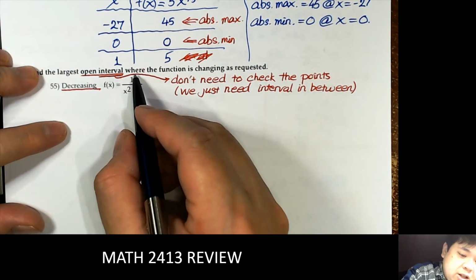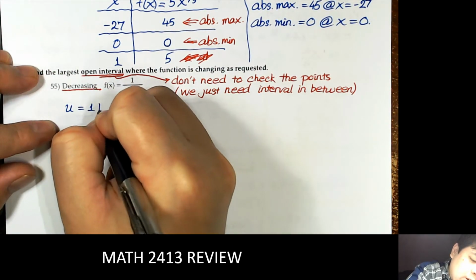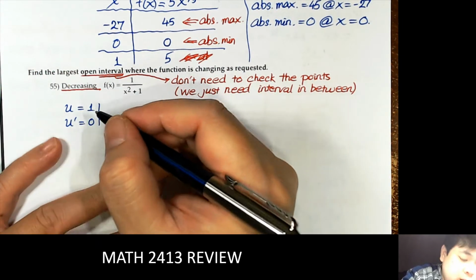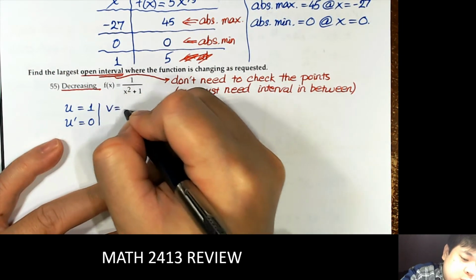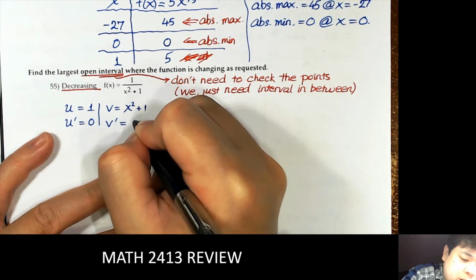Taking derivative of this, I will use the quotient rule. u equal to 1, u prime 0, v equal to x squared plus 1, v prime 2x.